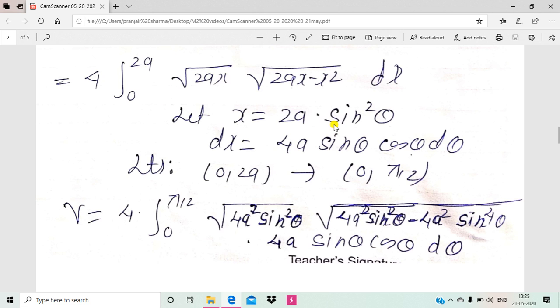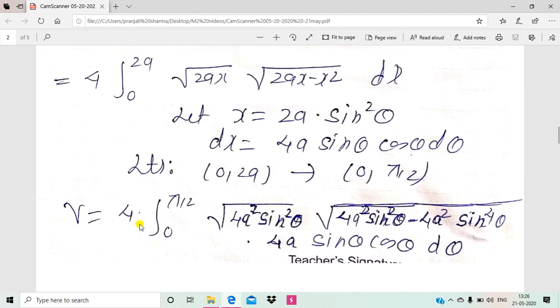From this we can understand how the limits will change. When x is equal to 0, sine square theta is 0, therefore theta is equal to 0. When x is equal to 2a, sine square theta is 1, therefore sine theta will be 1 and theta will be pi by 2. So the limits are now from 0 to pi by 2.